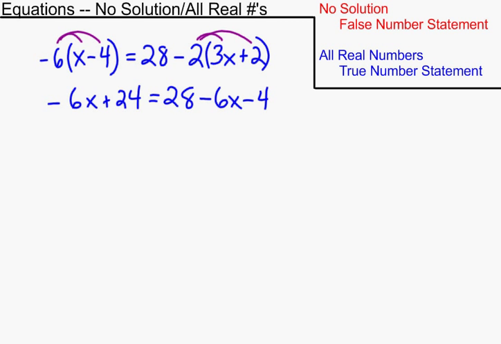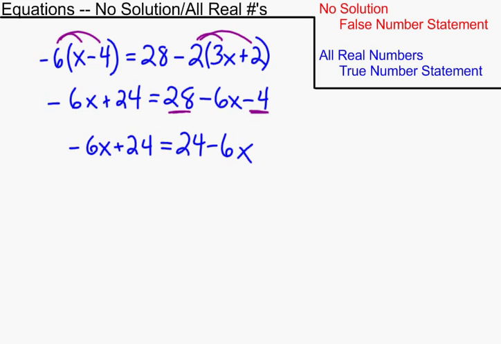I'm not done simplifying both sides yet because there are like terms on the right-hand side. So I drop everybody else straight down. Negative 6x plus 24 equals 28 minus 4 gives me 24 minus 6x.